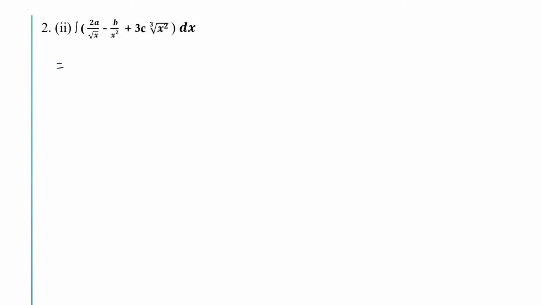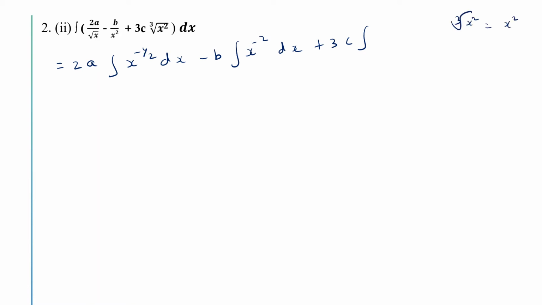Using the property, we can write this as 2a into integral x raised to minus half dx, minus b into integral x raised to minus 2 dx, then plus 3c into integral cube root of x square, which is x square the whole raised to 1 by 3, equal to x raised to 2 by 3. So plus 3c into integral x raised to 2 by 3 dx.